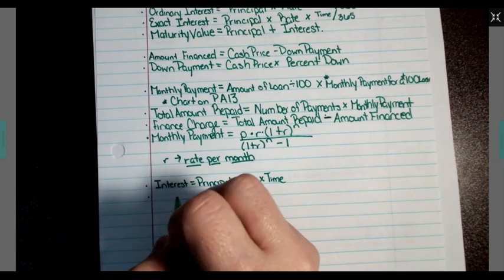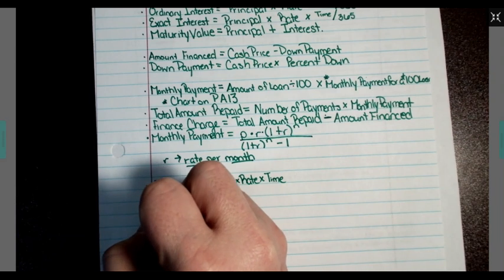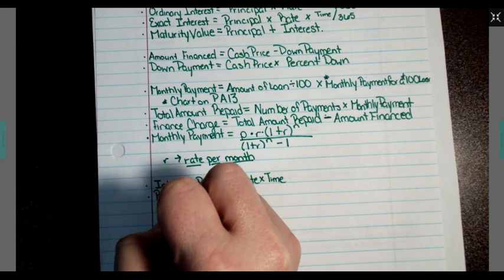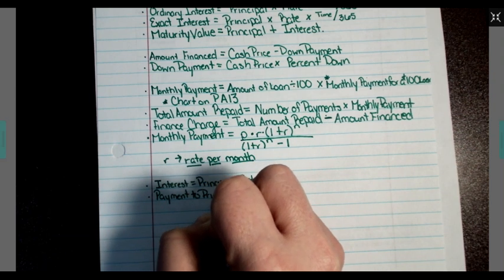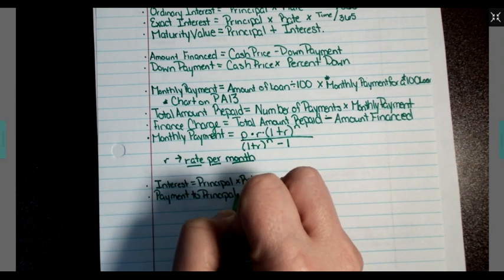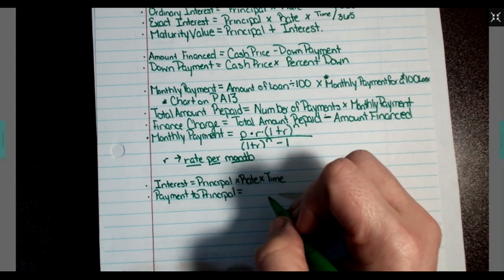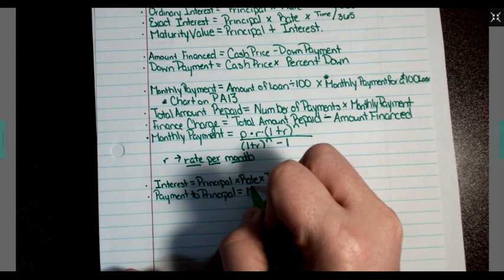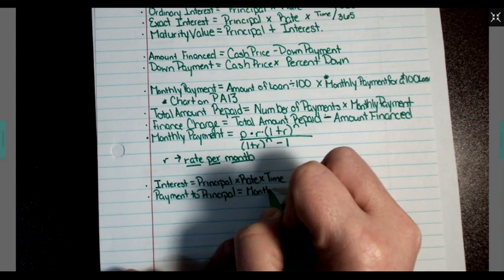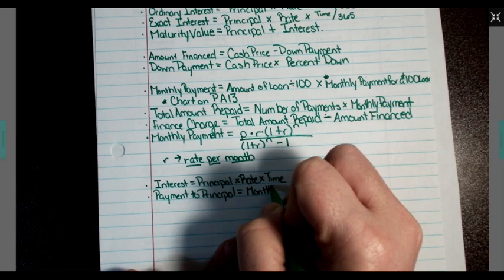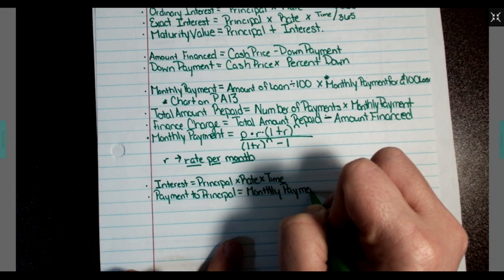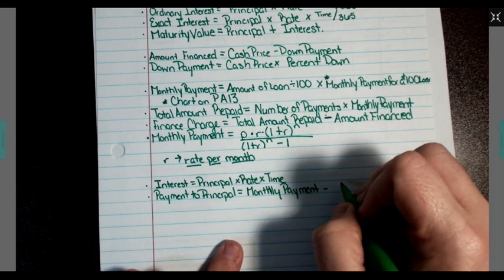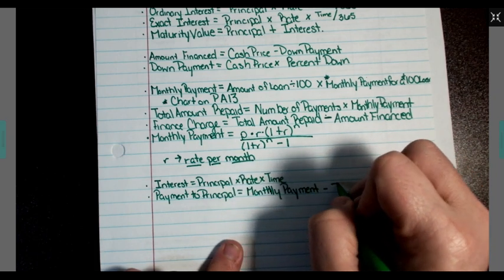Next, we have payment to principal equals your monthly payment minus your interest.